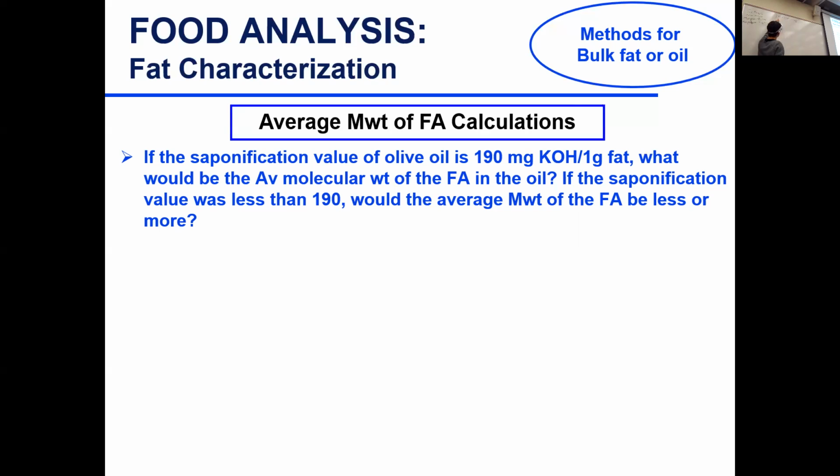We first need to figure out the molecular weight of the triglyceride. So 1 mole is X grams per mole, which I don't know. That's the question. X grams per mole of triglyceride reacts with 3 moles of KOH, and you have 56 grams per mole. So you have 3 times that. This is reacting with this.